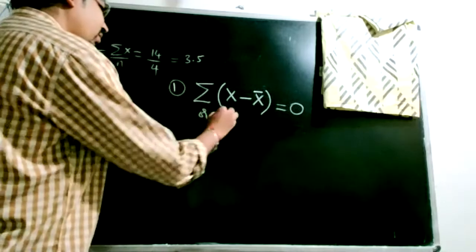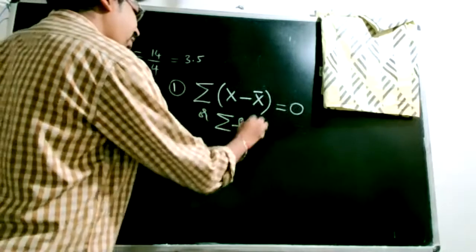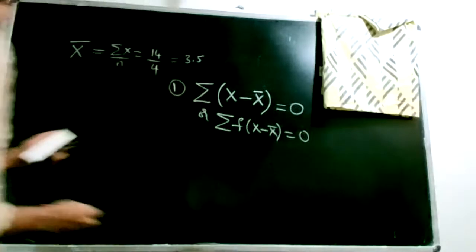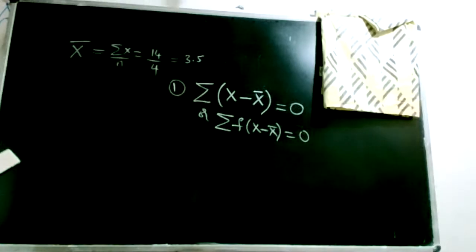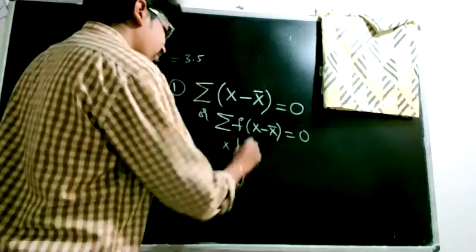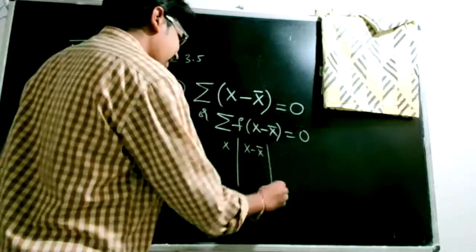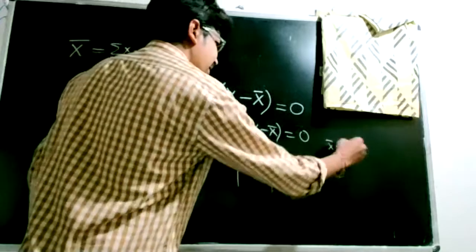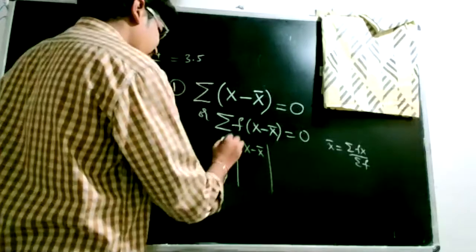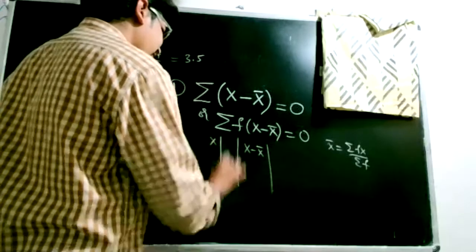And if you want to examine the same property with respect to a frequency distribution, then we say the total of f into x minus x bar is equal to 0. So you have to obtain x minus x bar, and in this case our x bar is total of fx divided by total of f. So you have been given the distribution of x and f.